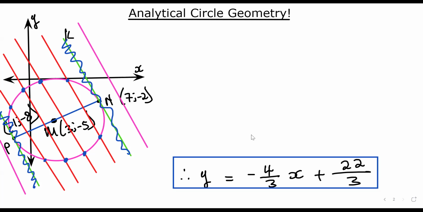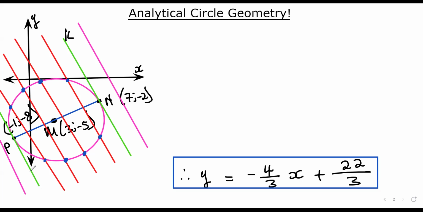So what we need to do here really is just to find the y-intercept of this straight line that is also a tangent to the circle. And then the values of k will be between the y-intercept of this straight line as well as the y-intercept of that straight line.